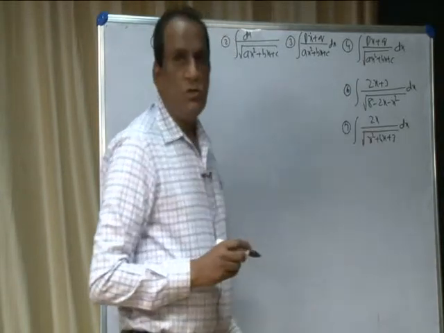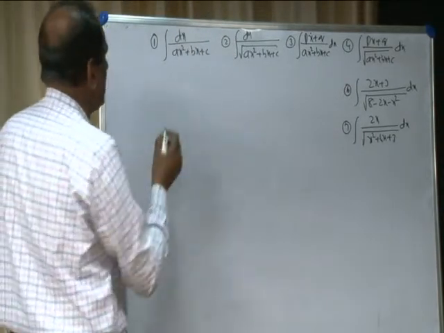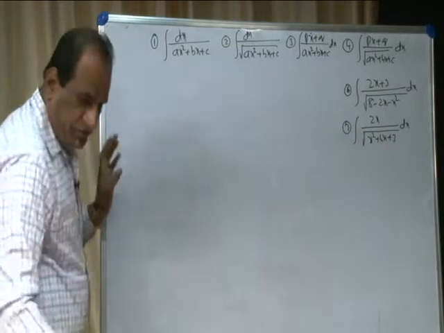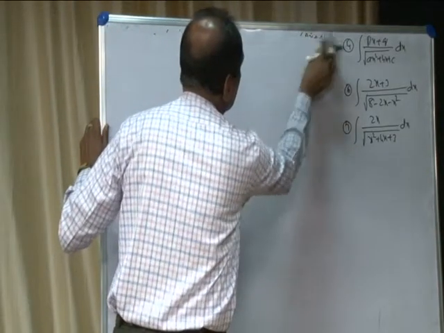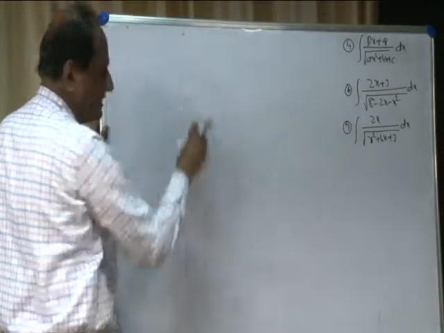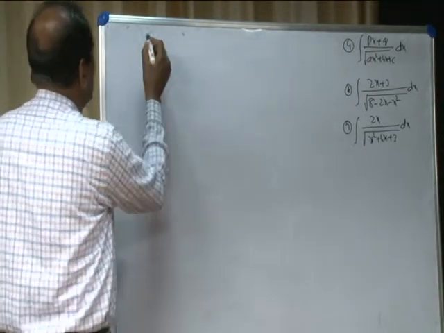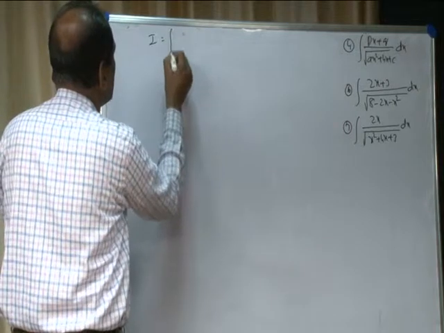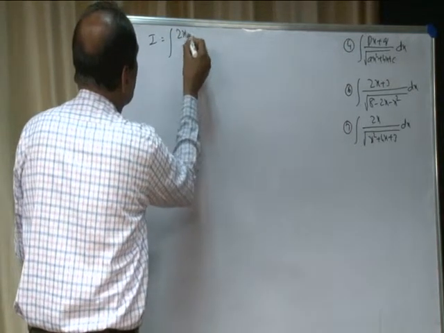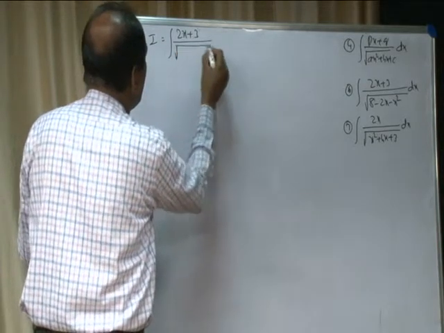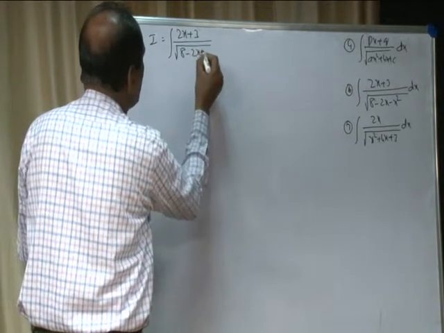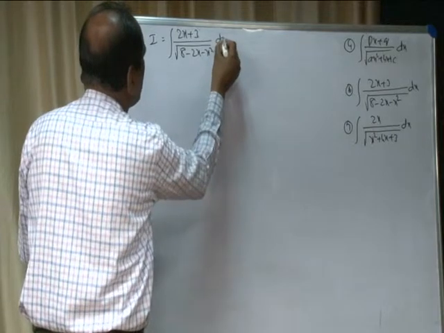Problem number 6. Consider the problem, I is equal to integration of 2x plus 3 divided by root of 8 minus 2x minus x square dx.